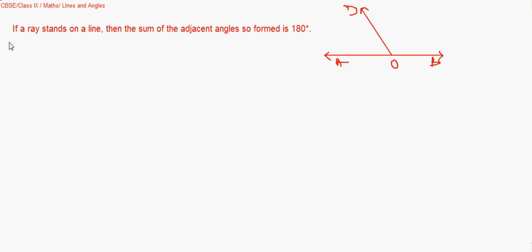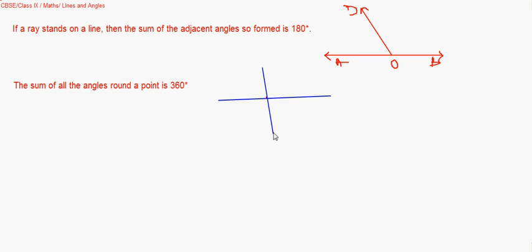I write it here. It says the sum of all the angles round a point is 360 degrees. That means, suppose this is a point I am drawing. Around this, whatever angles we draw, however many, the number doesn't matter.